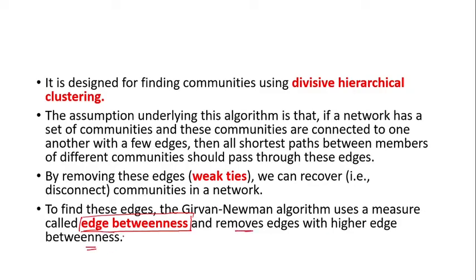That means every time we will find the edge betweenness of all the edges, and whichever has the maximum edge betweenness we have to delete. Meaning, if we delete those edges, the weak ties are getting deleted, so that you can recover the community.